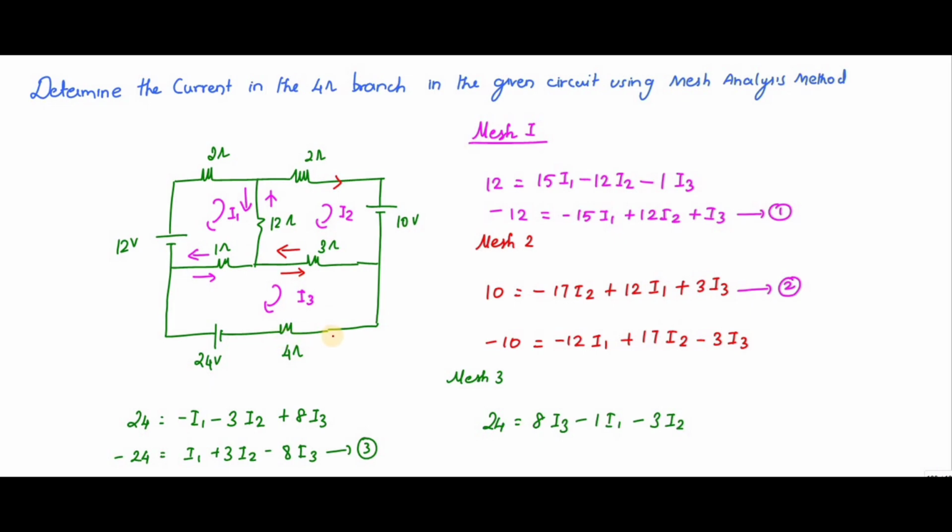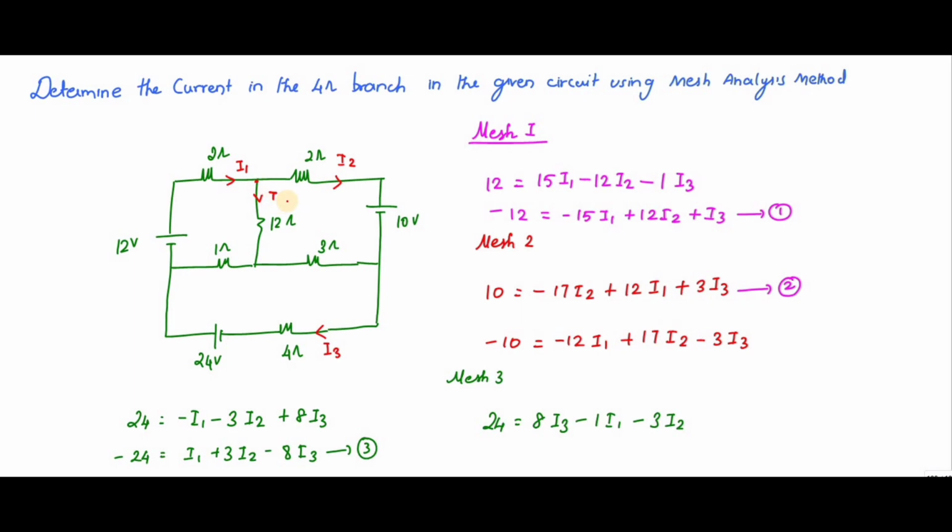Why is the current flowing through this one I3? You can see, now I take this one as I1, this one as I2 and this one as I3.